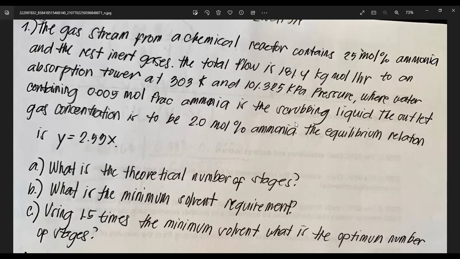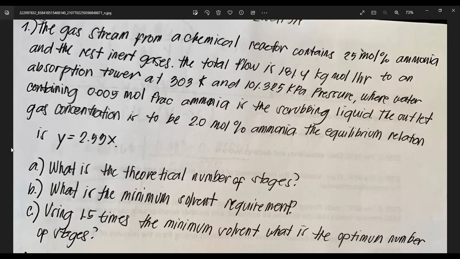So in this case, this is not the usual case wherein your scrubbing liquid or your solvent is pure. Your scrubbing liquid here has ammonia, but in a very minimal amount. The outlet gas concentration is to be 2.0 mole% ammonia. So ammonia has to be decreased from 25 mole% to 2 mole%.